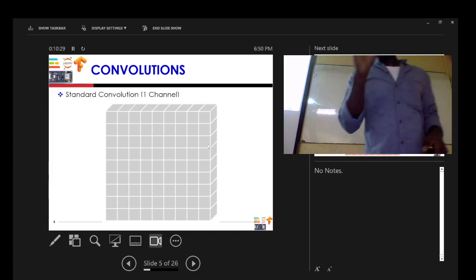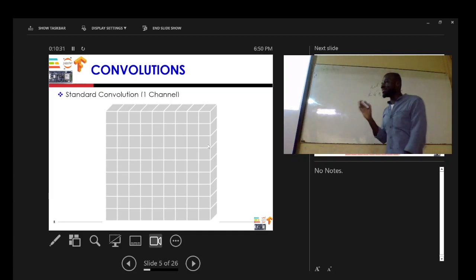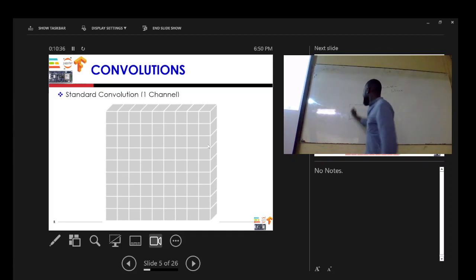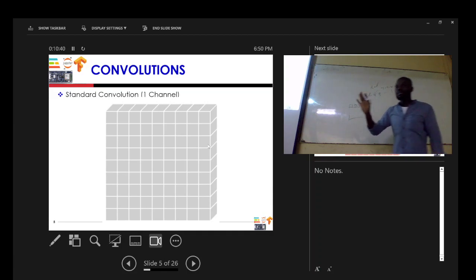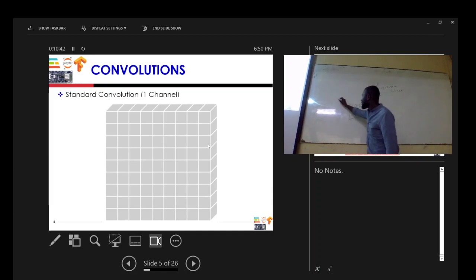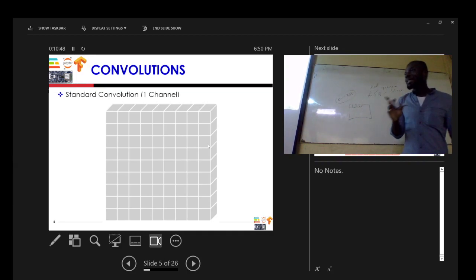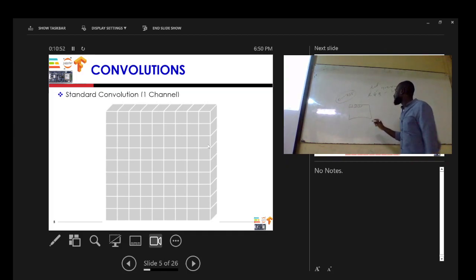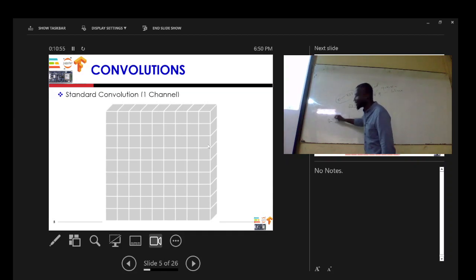I mean, so we said that images are just numbers. So if you take an image like this, we said that it's made up of pixels, right? The pixels are just numbers. So the numbers range between 0 to 255, right? So now if we take a grayscale image, like a black and white image, the red component has a value, the G component has a value, and then the B component has a value.